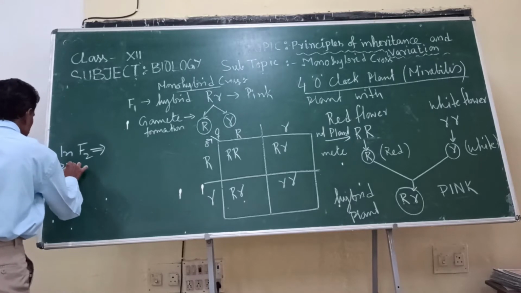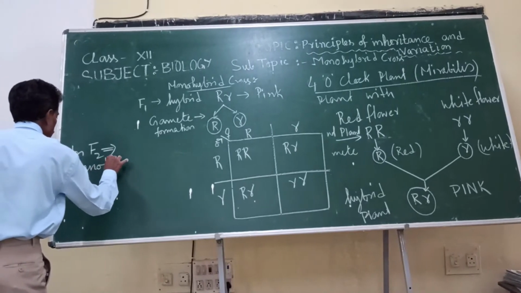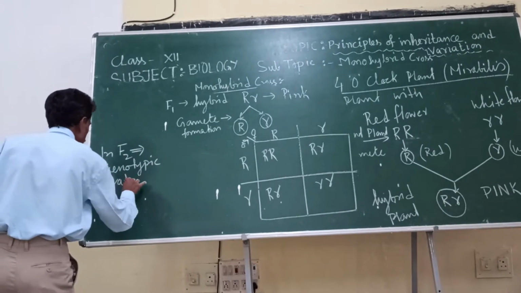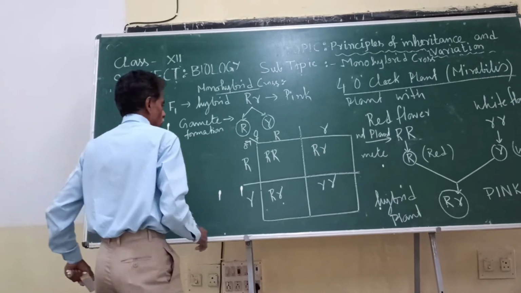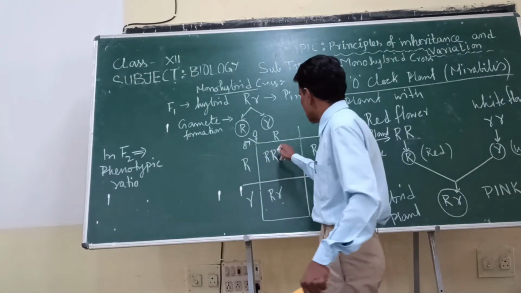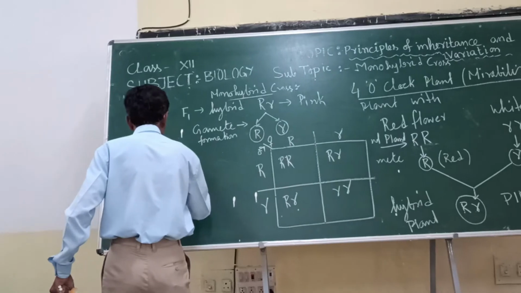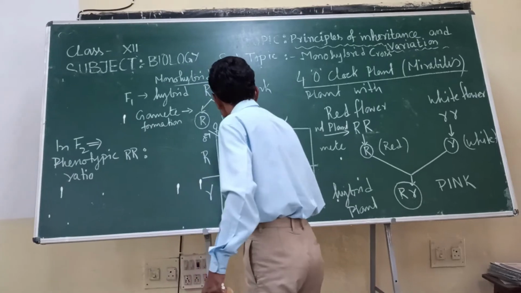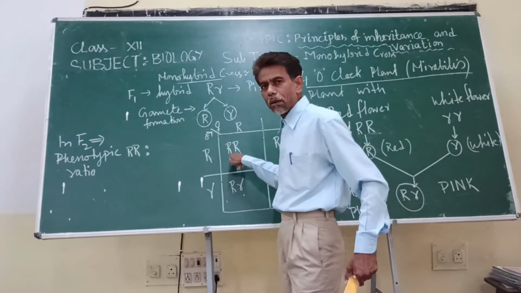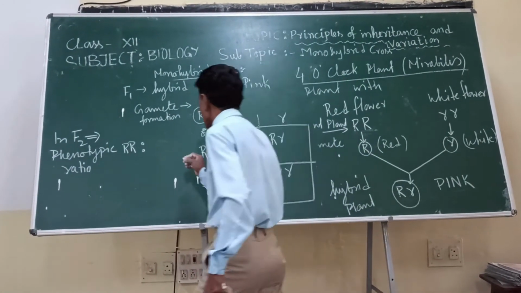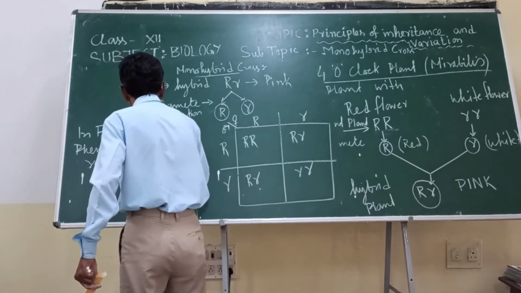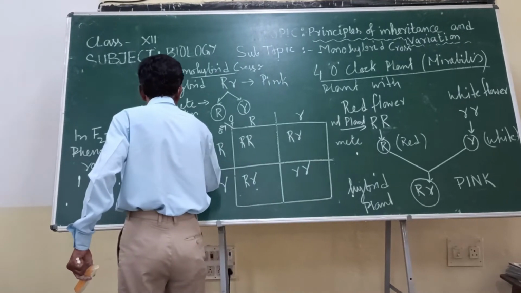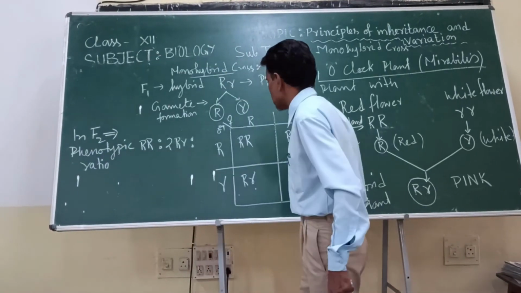phenotypic ratio. What is the phenotypic ratio? This capital R, capital R is 1, capital R small r is 2, and small r small r is 1.